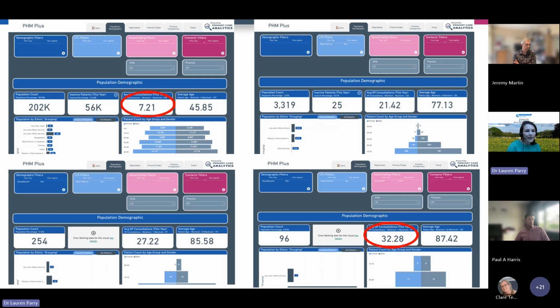Here's our whole population. Using our tool, I'm looking to see patients who have got heart failure, and I'm looking to see the patients that are also housebound. We're trying to understand where we would best add value, where we would best target our services.